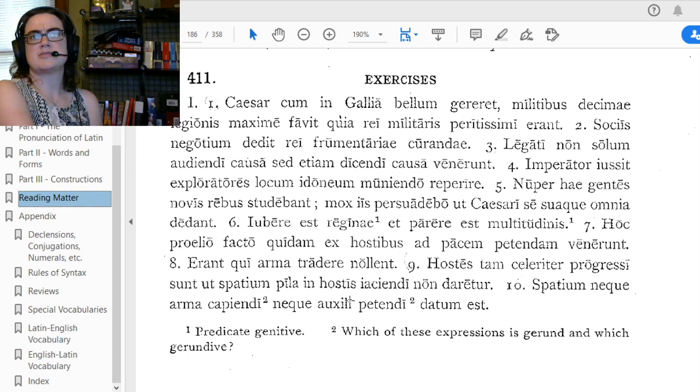Any good examples? All right, let's look at number 7. Hoc proelio facto quidam ex hostibus ad pacem petendam venerunt. This has a lot of really cool things in it, so it's a good example sentence. So we've got hoc proelio facto, these ablatives at the beginning of the sentence.